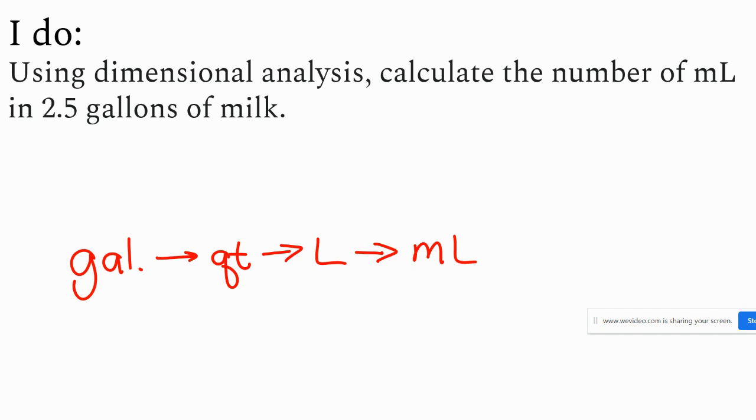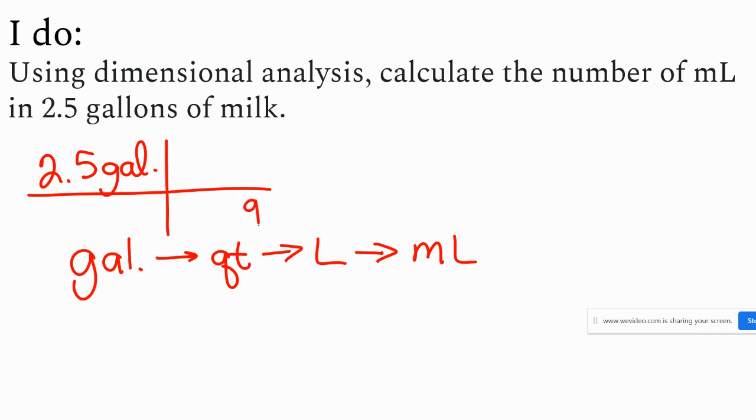Now we're going to go back and do our setup. I've got 2.5 gallons. I want to get rid of gallons, so they're going to go on the opposite side. And we said that we're going to take those into quarts. For my conversion chart, I have 4 quarts in 1 gallon.